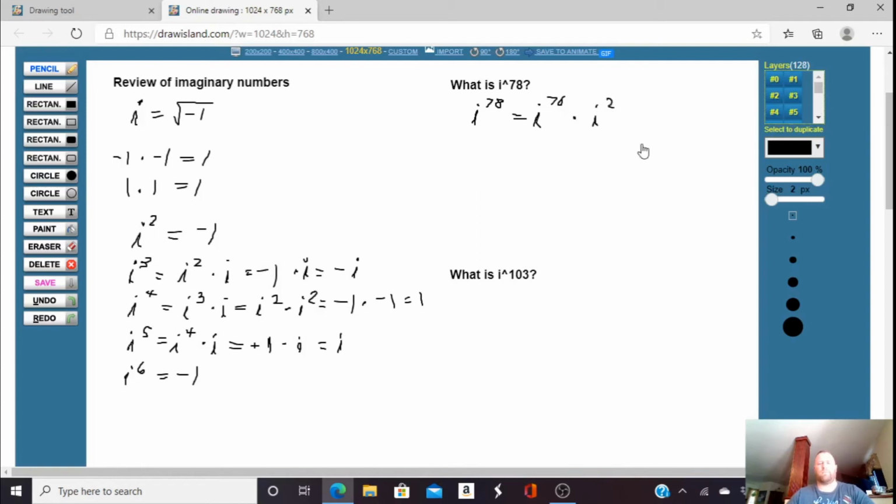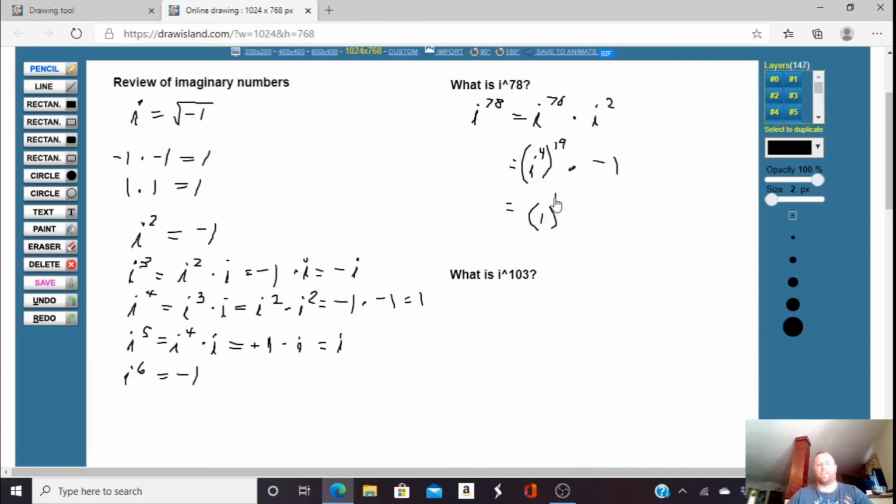Okay, and the way I can write it that way is because 76 divided by 4 is 19, so it's like i to the fourth power raised to the 19th power. Because with a power raised to a power, you multiply them. So 4 times 19 gives me 76. Times i squared, which is -1. i to the fourth is just 1.